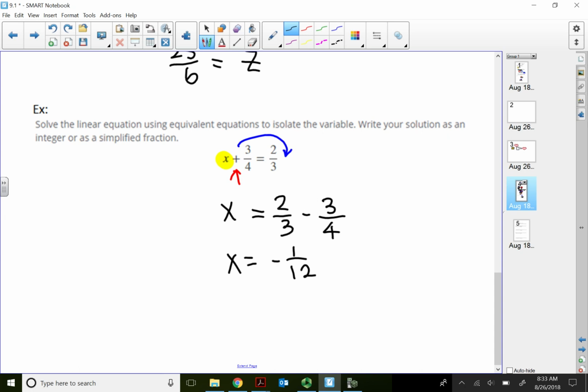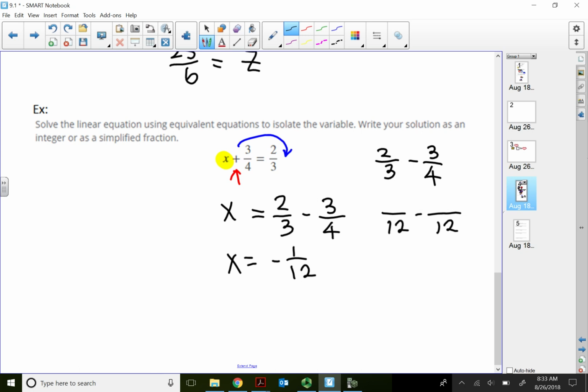If you want me to show you how to do this by hand, so you can remember how to do operations of fractions by hand, let's take a look. Subtraction of fractions always means the first thing I think about is to find the LCD. The least common denominator between 3 and 4 has got to be 12.